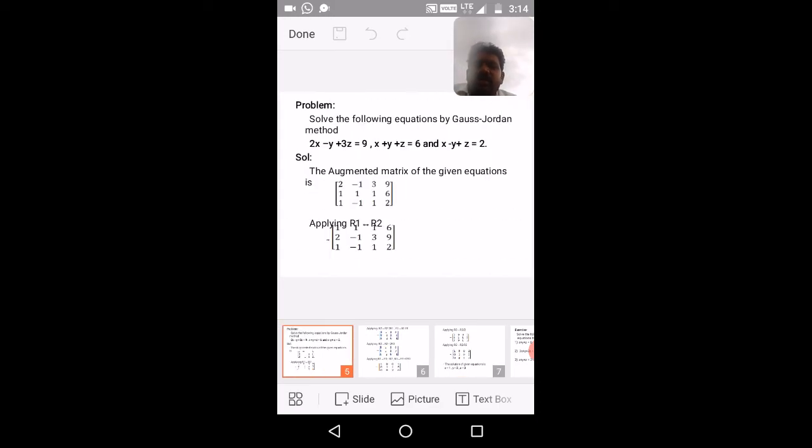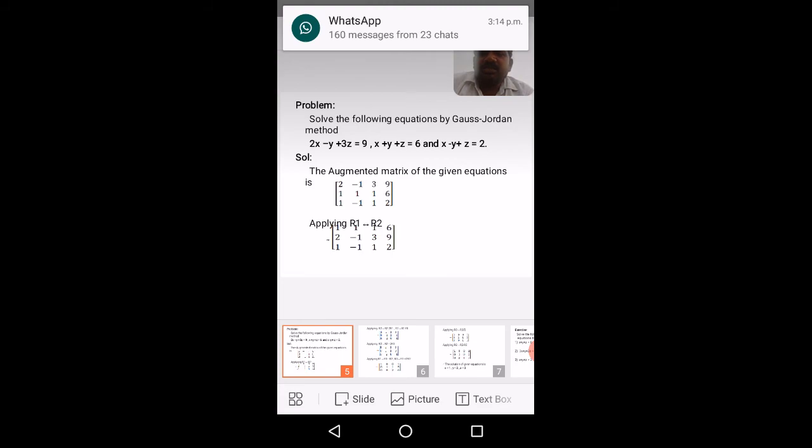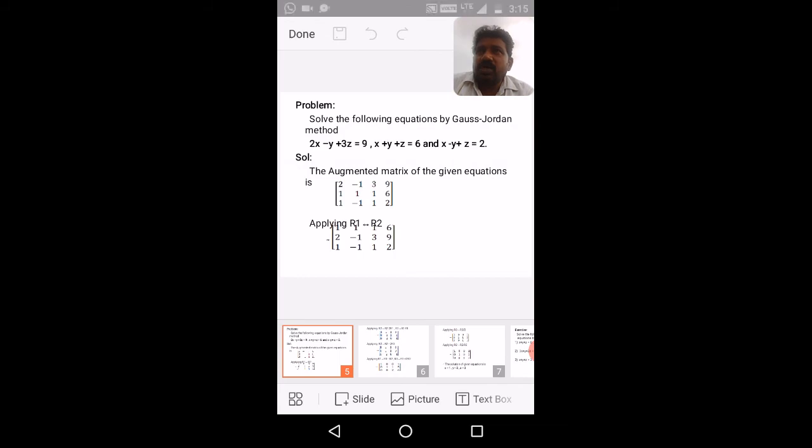Okay, so just again, I think all of you observe here no particular formula is there, no particular step is there, no particular row operation is there. It is just by considering which elements in each row will be changed to 0 or 1.